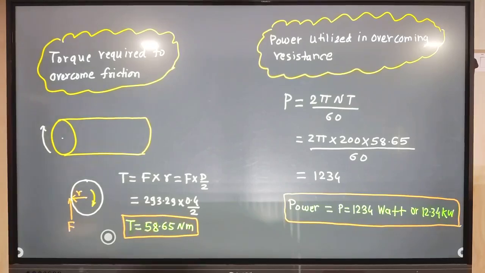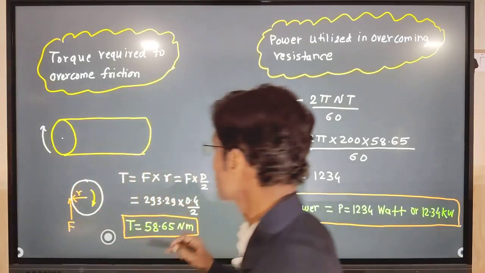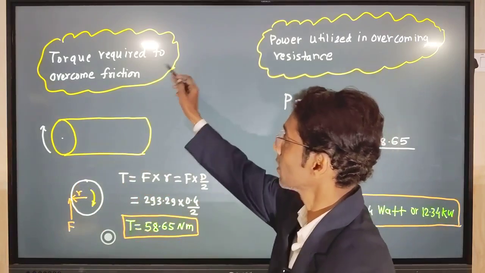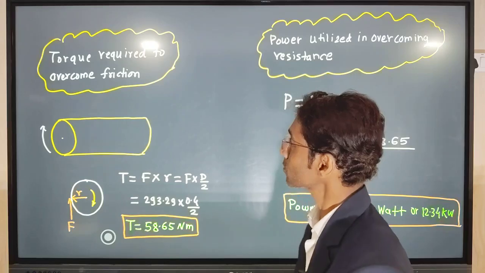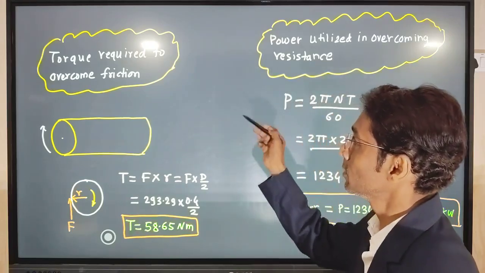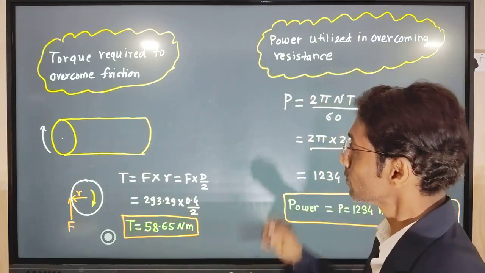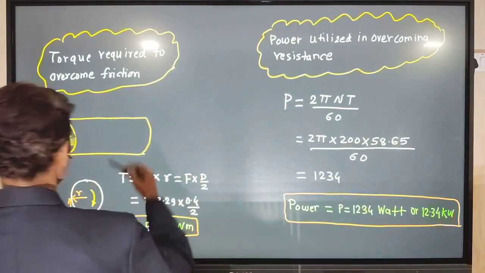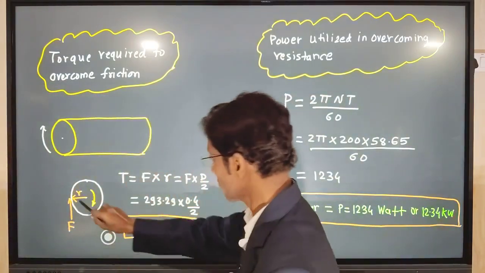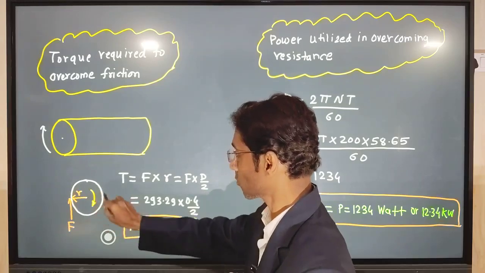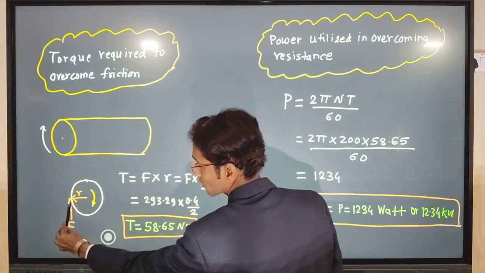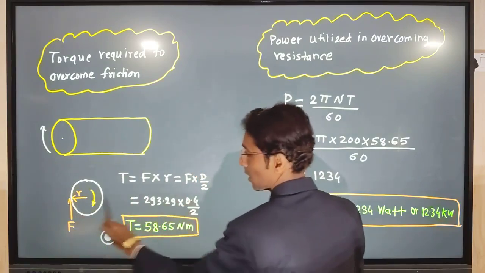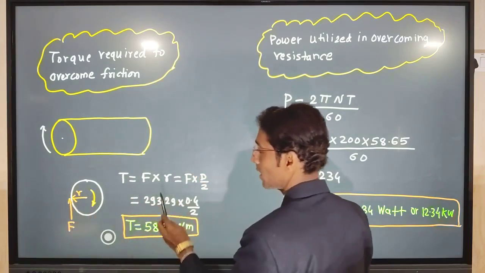By using this force value, we can now calculate the torque required to overcome the friction in the oil placed in the space provided. So this is a shaft, and here we can see the concept of torque. Torque is the product of the force applied at the circumference and the distance from the center, that is, the radius.